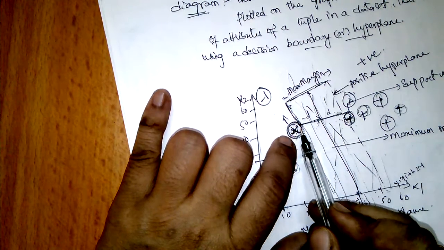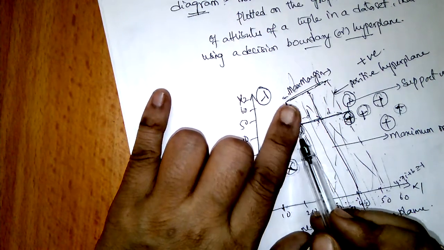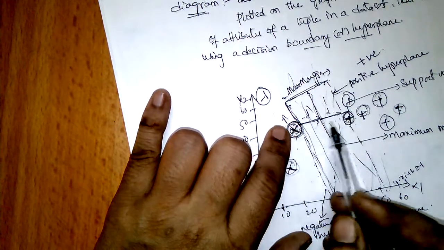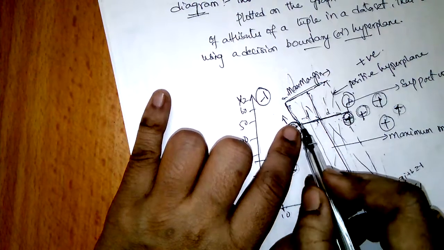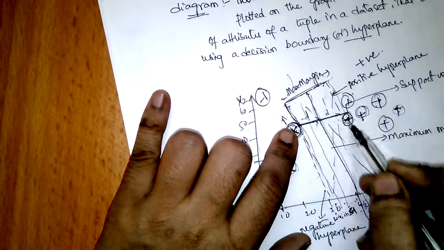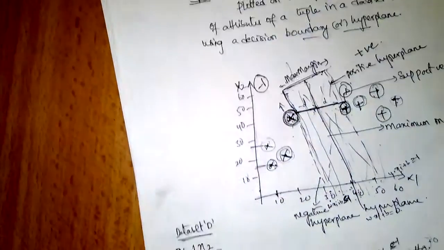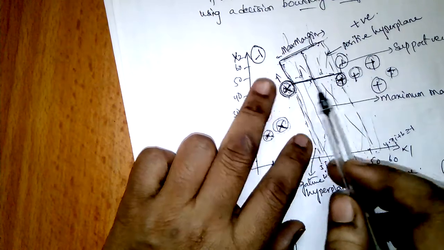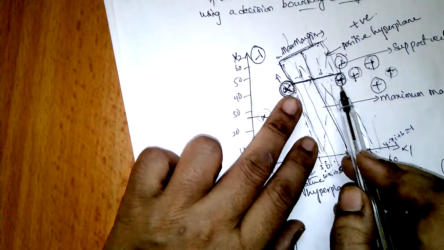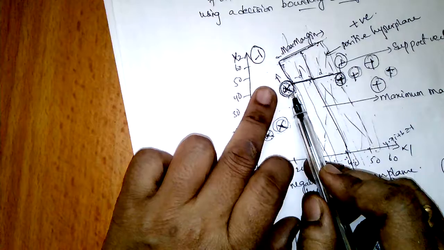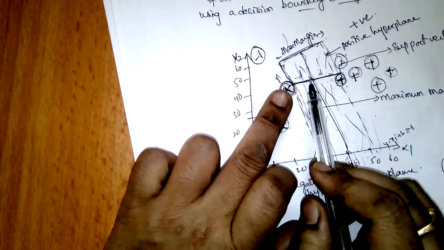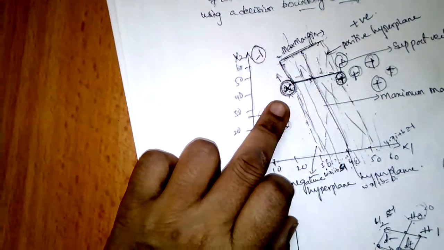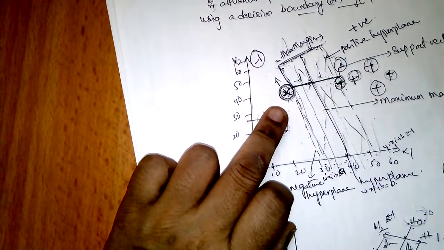That means the distance from the support vector of one class to the other, and we have to take the maximum value. That means the hyperplane should have the maximum size. Maximum margin means the distance between the two nearest support vectors, which shows the maximum margin between the two classes.